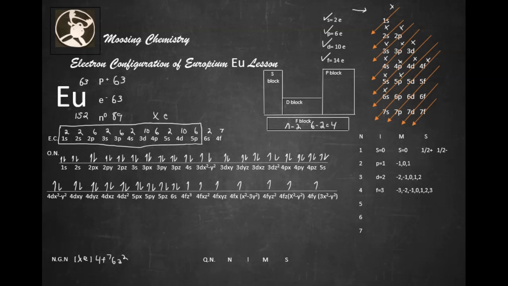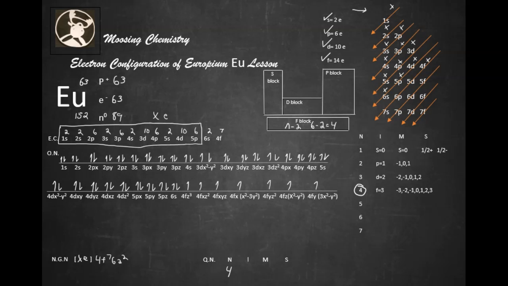All right, now we're going to do the quantum notation next. The quantum notation is where we have 4 unique numbers that represent that element itself. So here we go. It's in the 4th energy level, so we put a 4 there for our n.